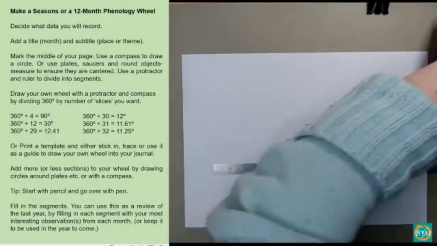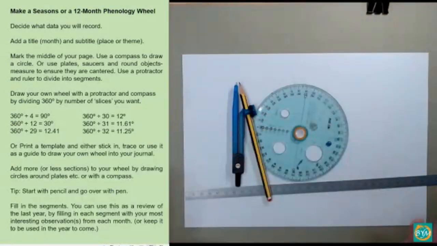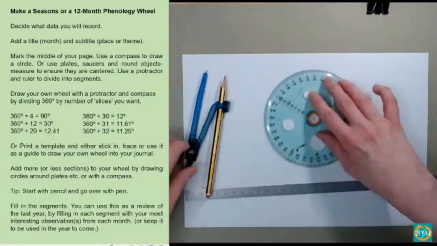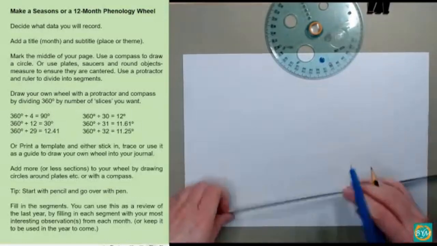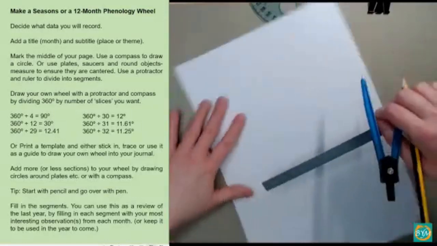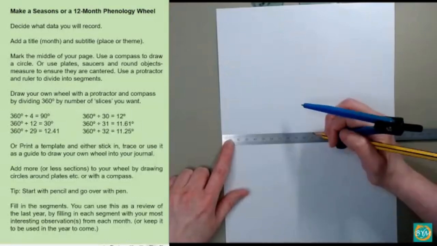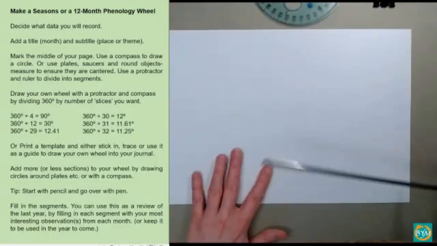If you have a protractor or a compass, then again, that also gives you some different ways of drawing. What I would do, if I'm doing this properly, is find the middle of the page and mark that.